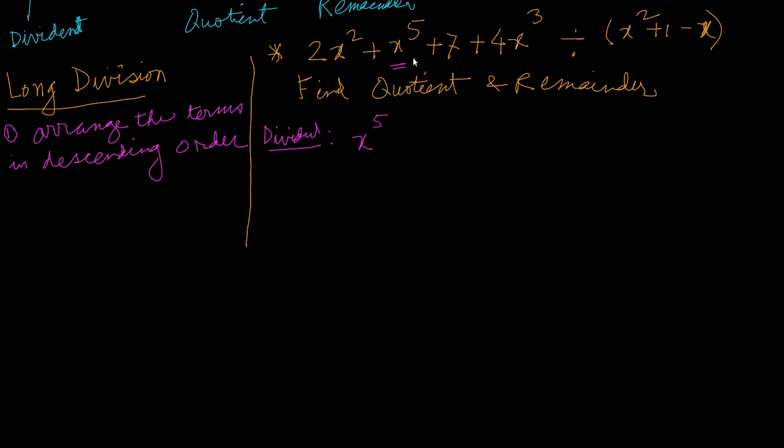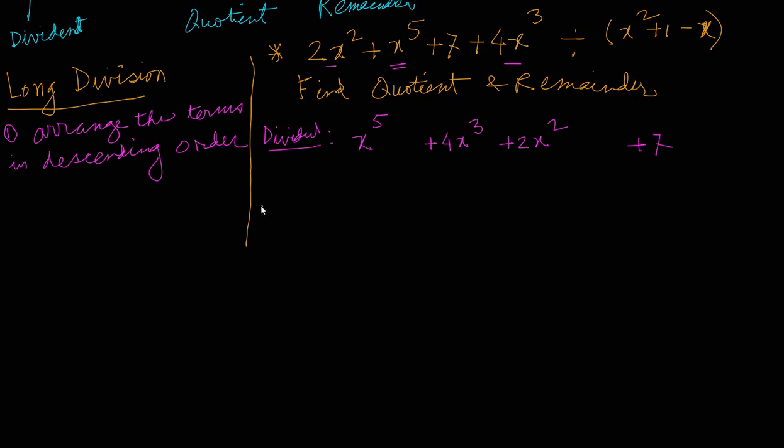Then what is the next highest power? 4x cube, so plus 4x cube. Then what is the next power? 2x square, so plus 2x square, and then plus 7. And what about my divisor?